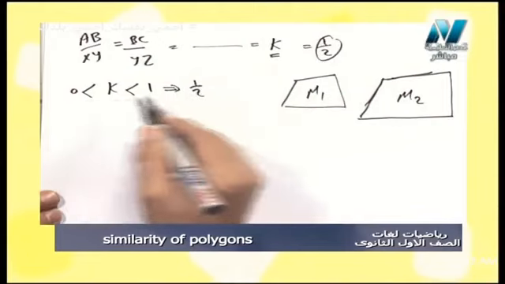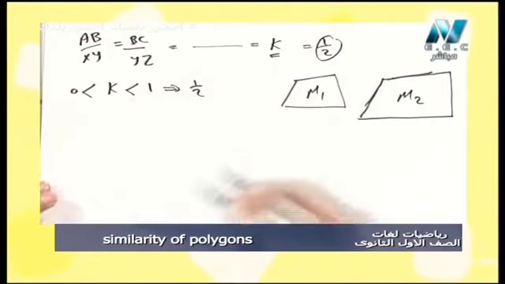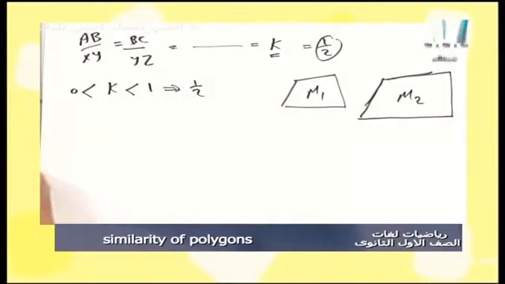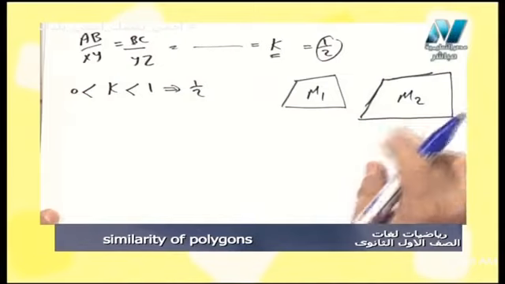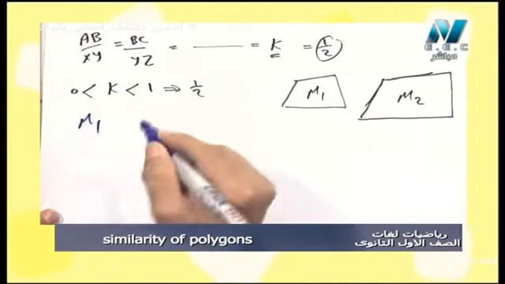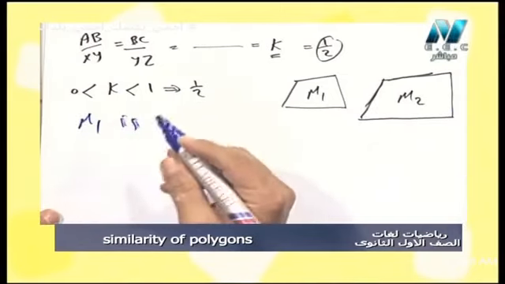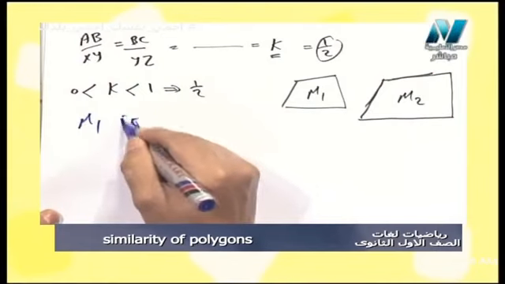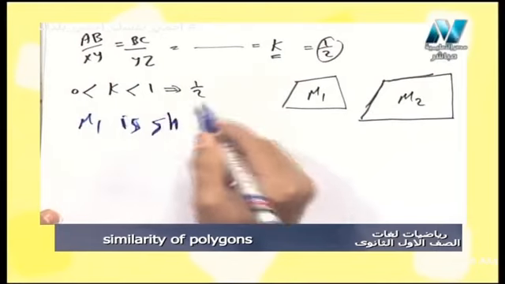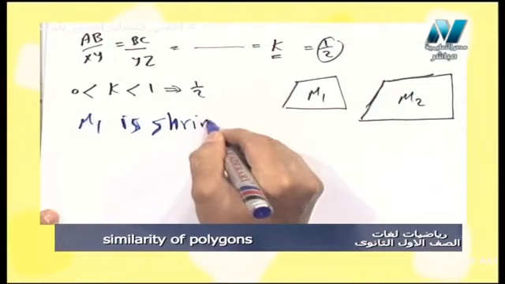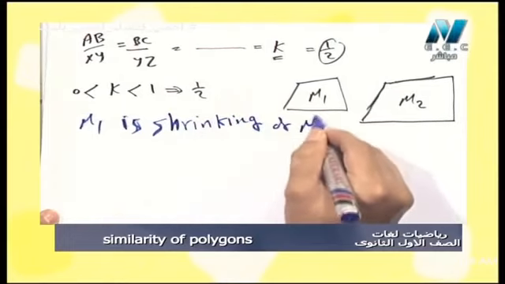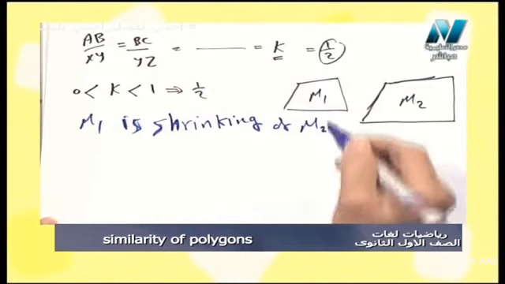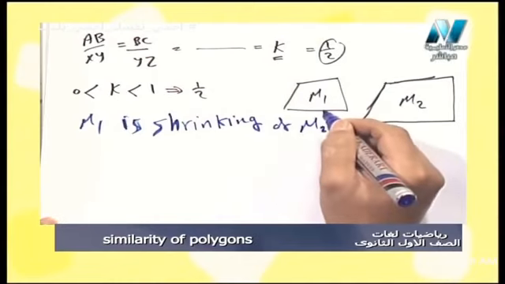Half is between 0 and 1. So we say that M1 here is shrinking of M2, or reducing or minimizing.